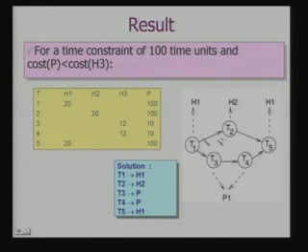Okay. So I have got a solution which satisfies the time constraint, and why I said that the cost of processor P is less than that of H3, and that is the reason why I have used the mapping onto the software instead of using a dedicated hardware. So I am optimizing on the cost, because I have to satisfy the constraints, and after satisfying the constraints, among the possible solutions, if I am choosing a solution whose cost is less, then I have to map the task T3 and T4 to the processor.